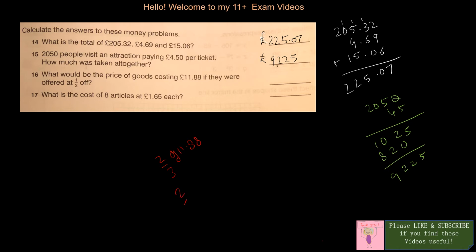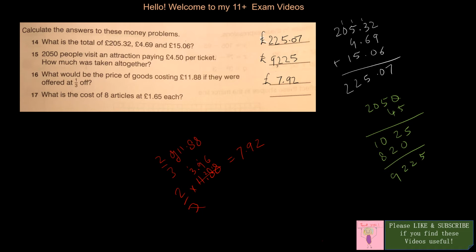So that is 2/3 multiplied by 11.88, and 3 times 3 is 9, times 9 is 27, and so we get 6 times 2 is 12, 2 and 1, 2 times 9 is 18 and 1 is 19, 9 and 1 times 6 and 1 is 7, we get 7.92. So my answer is 7.92.